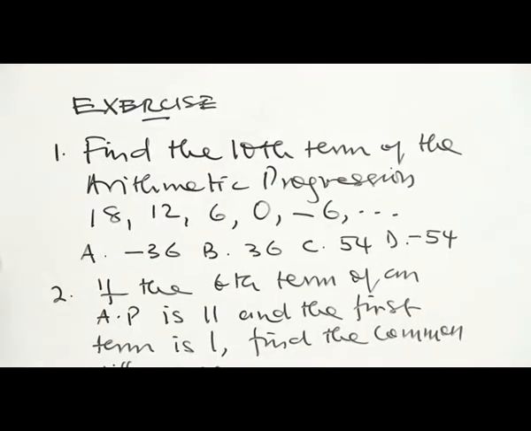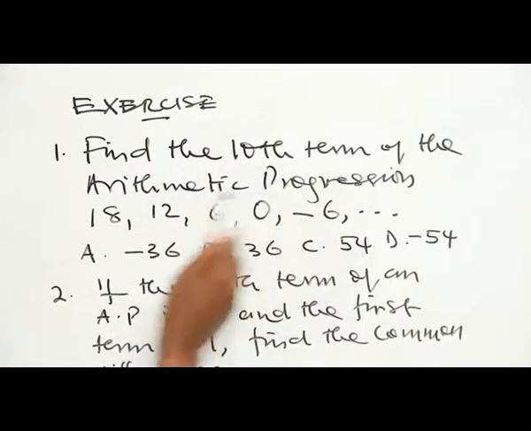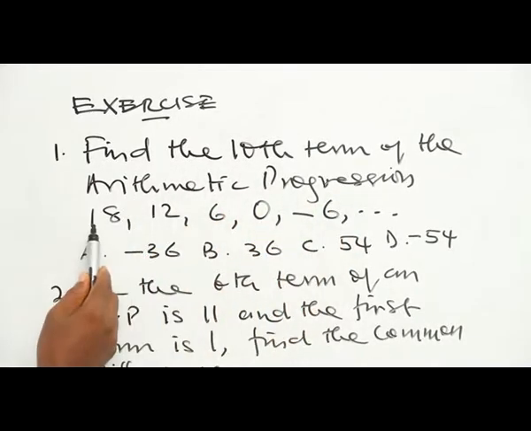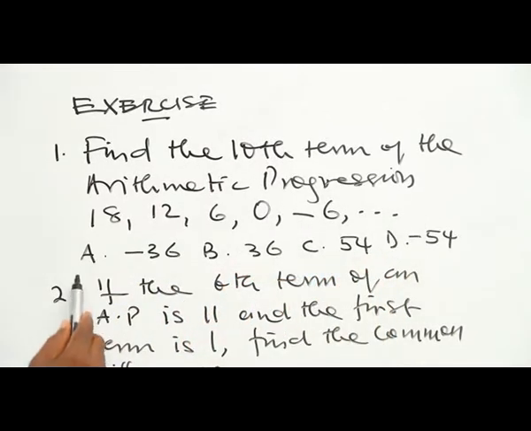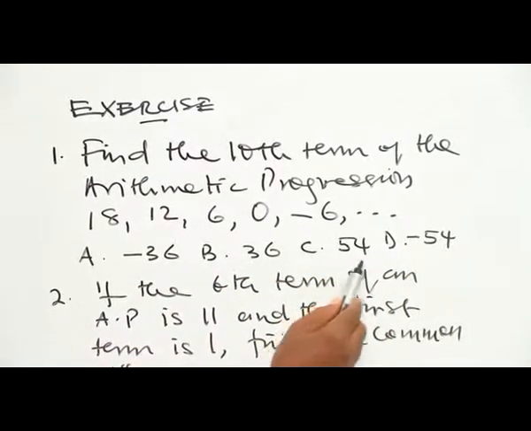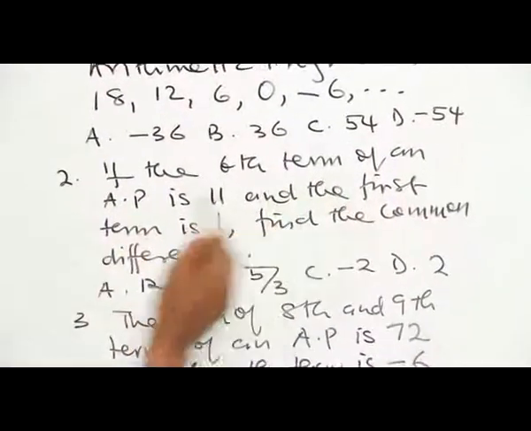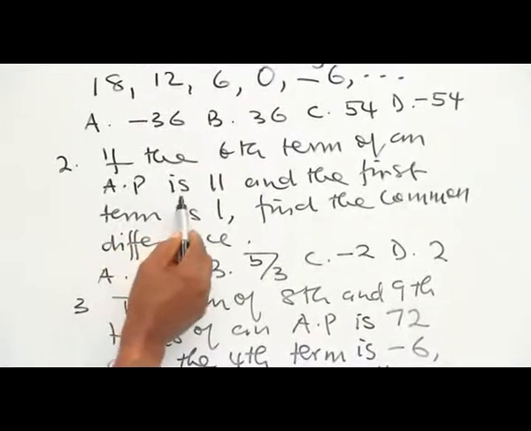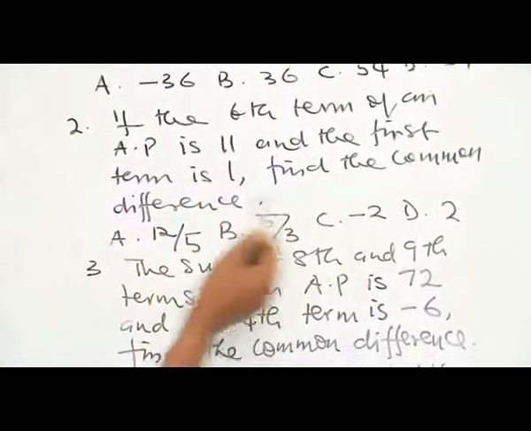Here is the exercise for the arithmetic progression that we have just treated. Question number 1. Find the 10th term of the arithmetic progression 18, 12, 6, 0, minus 6, and so on. The options A, B, C, and D are also there. Number 2. If the sixth term of an AP is 11 and the first term is 1, find the common difference.